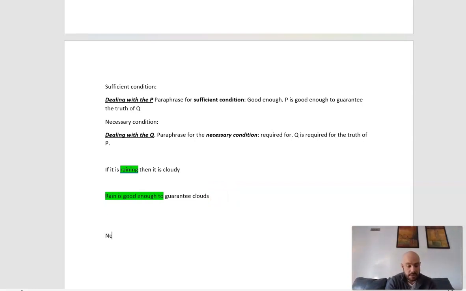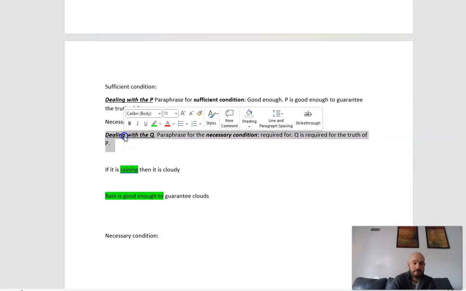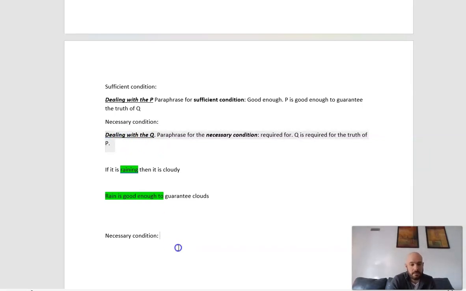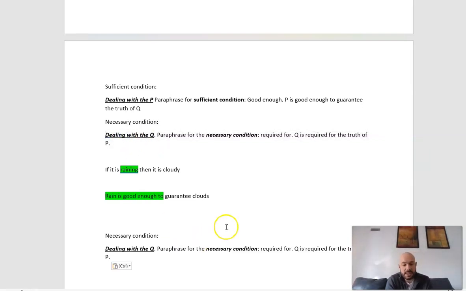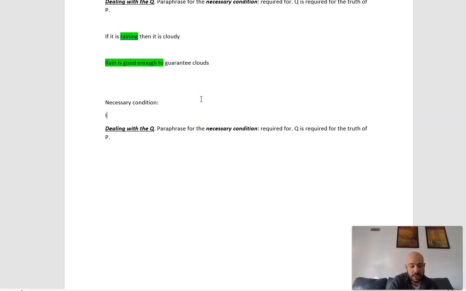The necessary condition. Again, the necessary condition is dealing with the Q, right? In if P, then Q, the necessary condition is dealing with the Q part of the statement.